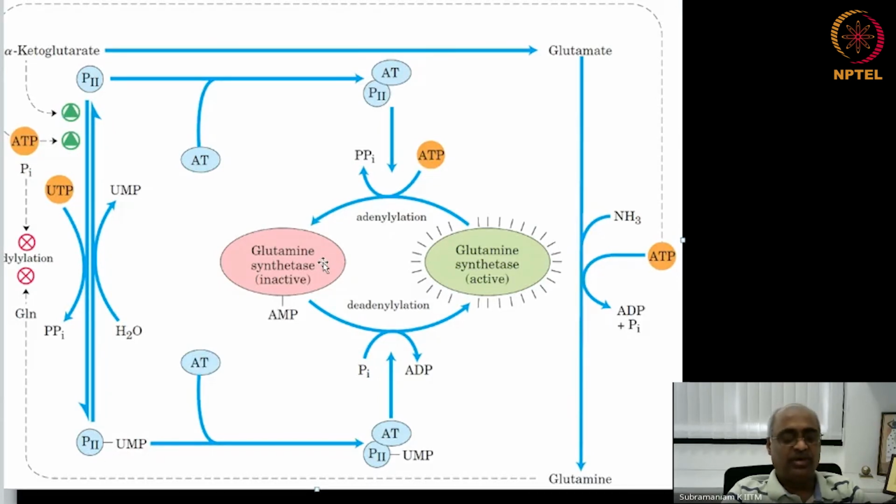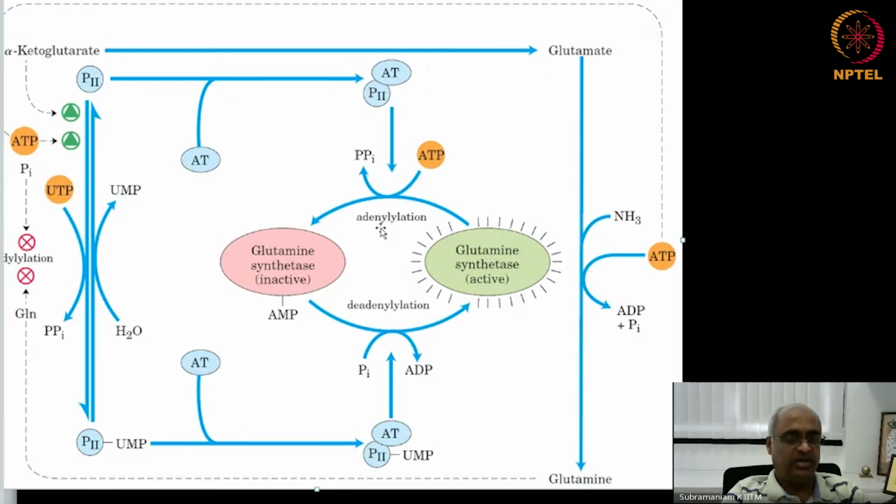So when one of the amino acid side chains is modified, we learned about modification with phosphate groups as one of the main regulations, phosphorylation of enzymes. But not just phosphate groups, other moieties are added too. In this particular case, it is the adenylate or adenylic acid.